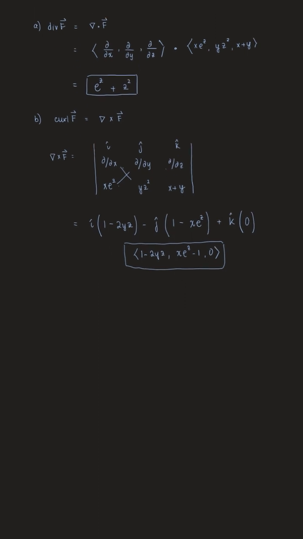All right, so just a couple of technical examples. And the final thing I want to do for this section is consider an important theorem. And this is that the curl of a conservative vector field is 0. Let's think about what this means.